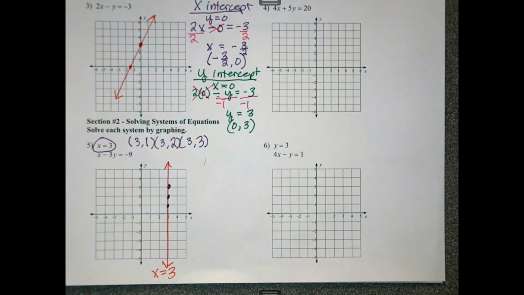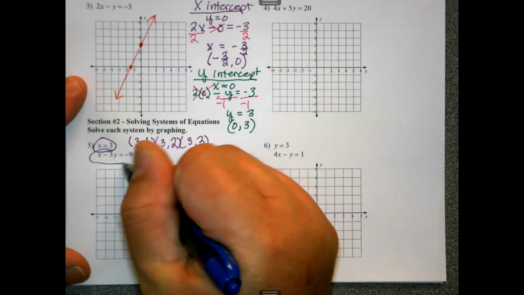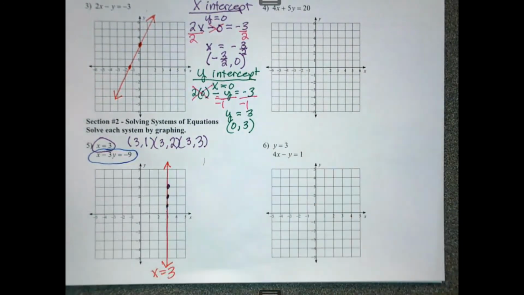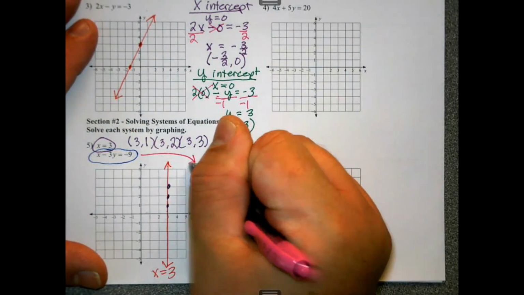Okay, then I'm going to graph the second one. Now you get a choice here. You could use the x and y intercepts, or you can change this to slope intercept form. Maybe I'll change this one to slope intercept. So I'm going to solve for y.